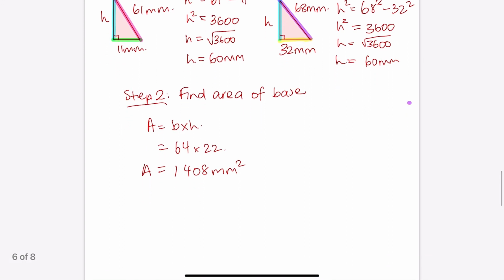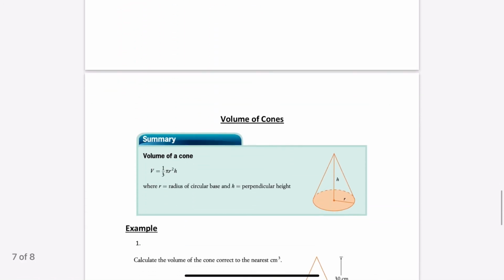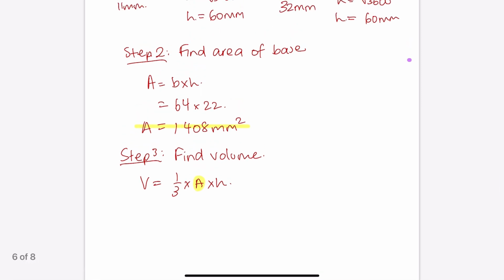Almost done. All we have to do now is our step 3 by using both step 1 and step 2. So we have to find the volume. Okay, so the volume is 1/3 times the area of the base times the height. Okay, so the area of the base is this part here, and our perpendicular height is this part here, or this one, which are exactly the same.